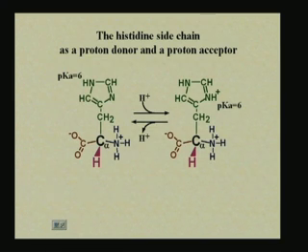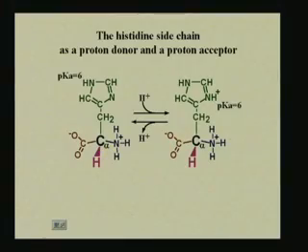Okay. Now, if you look at what the physiological pH is, that is the pH of blood, at which all the enzymatic reactions in our body are taking place, that is at a pH of 7.4. Okay. The physiological pH is 7.4.